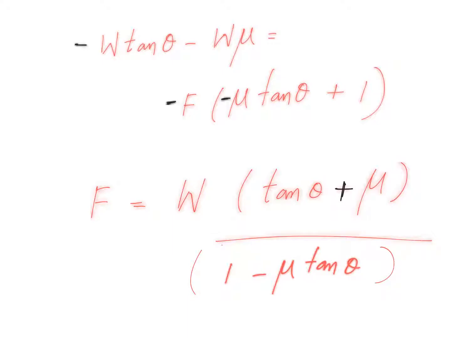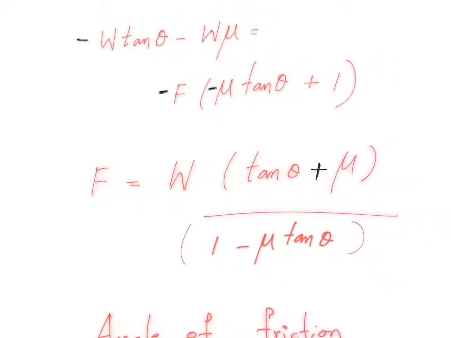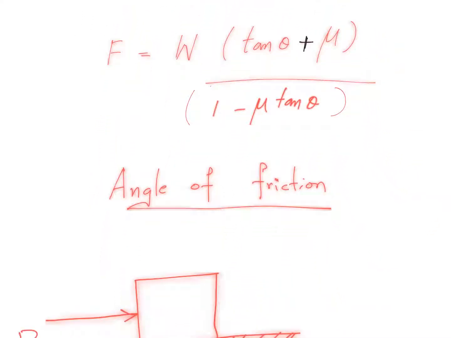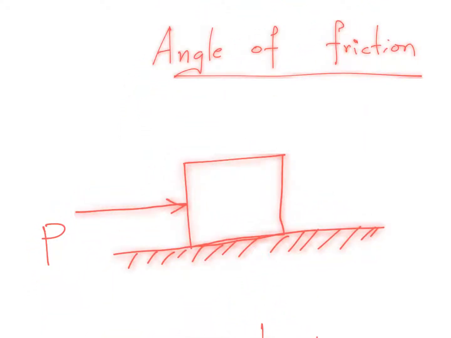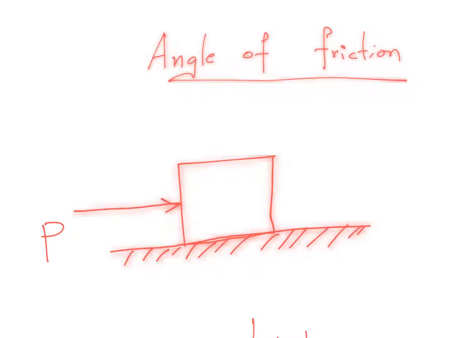Now what is mu? For explaining that, I'm slightly taking you to another thought experiment. I'm trying to explain what the angle of friction is. Think of having an object resting on a plane surface. This is having a friction of, let's say, mu again.